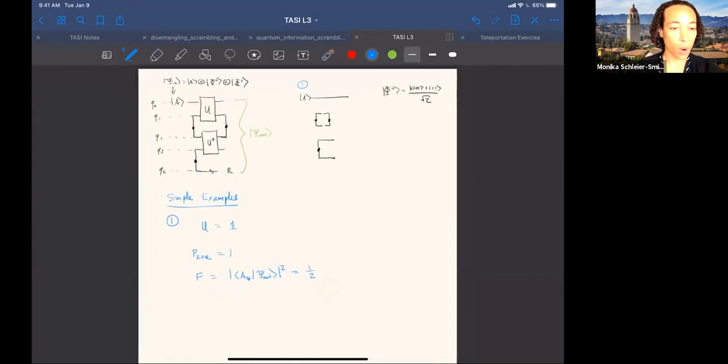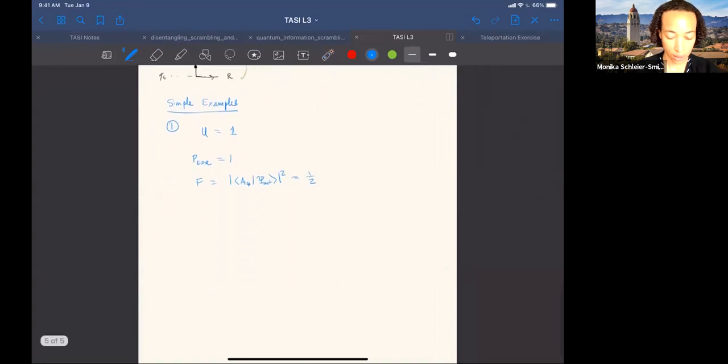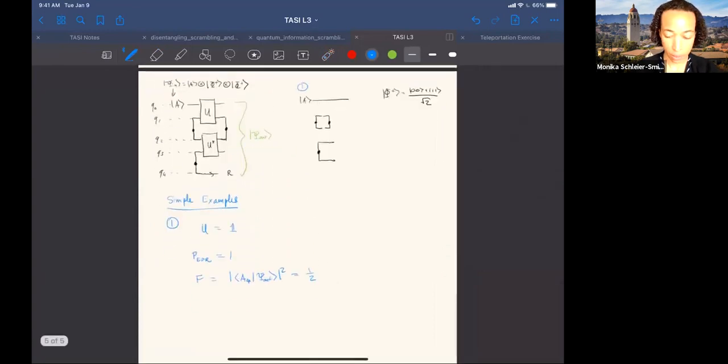Now let me try to walk through one more example. I was hoping to let you do this, but I'm not quite sure about the time. Okay, so for the second example, I'll switch to a place where I have the circuit sketched out. The second example we'll do is consider the case where this operation is a CNOT gate. This gives an example of what might happen if we have a simple gate that entangles these two.